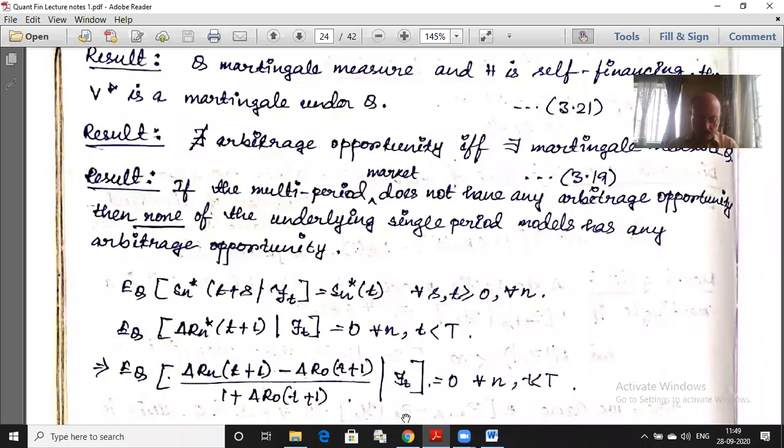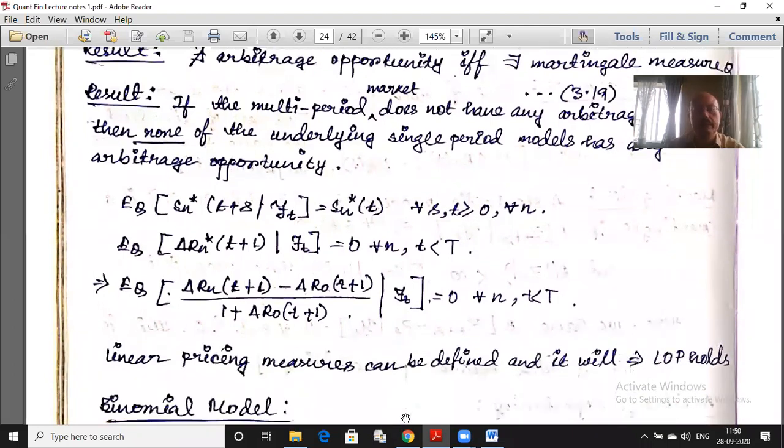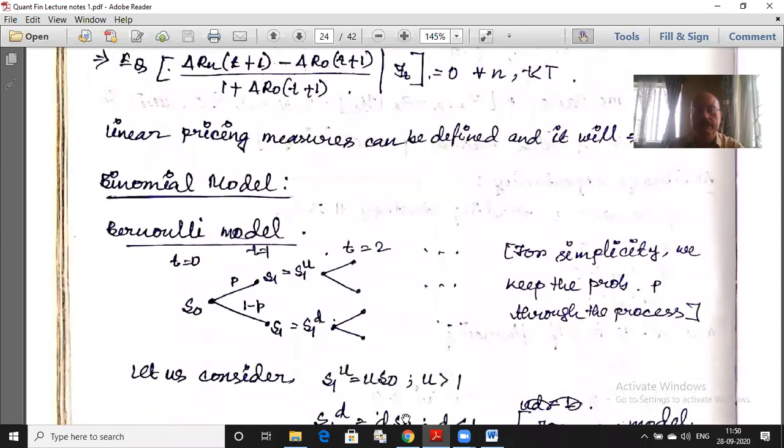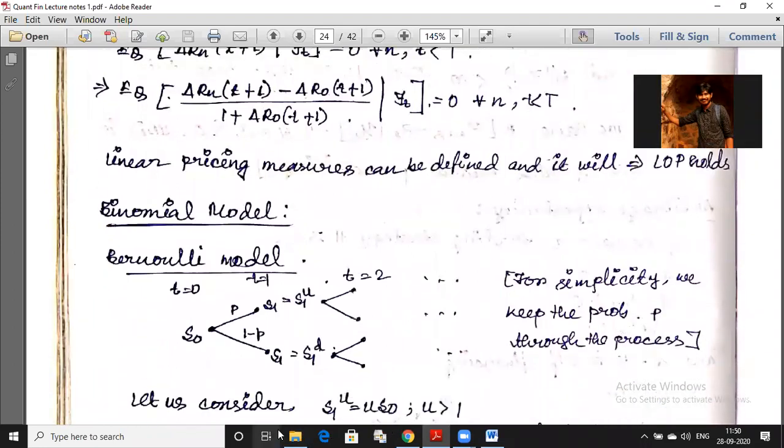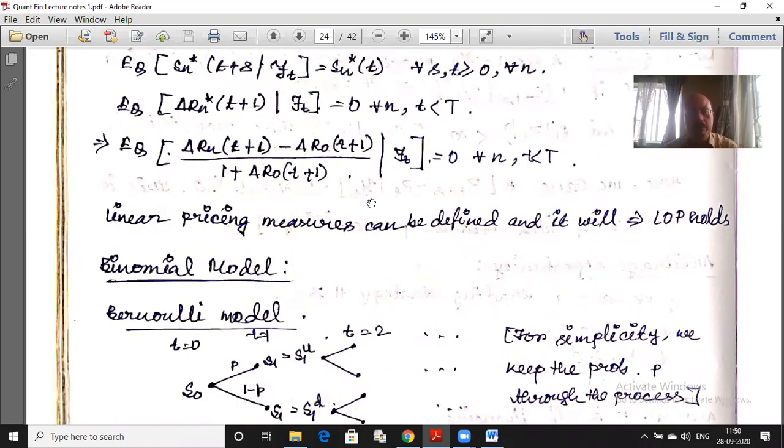So if so far it is okay, then I will start talking about the model that I want to focus on in case of discrete time measures. Before I talk about the models, there is just one last comment: similar to the single period market, here also I can talk about the law of one price, because I have defined a linear pricing measure, that is the risk neutral probability.